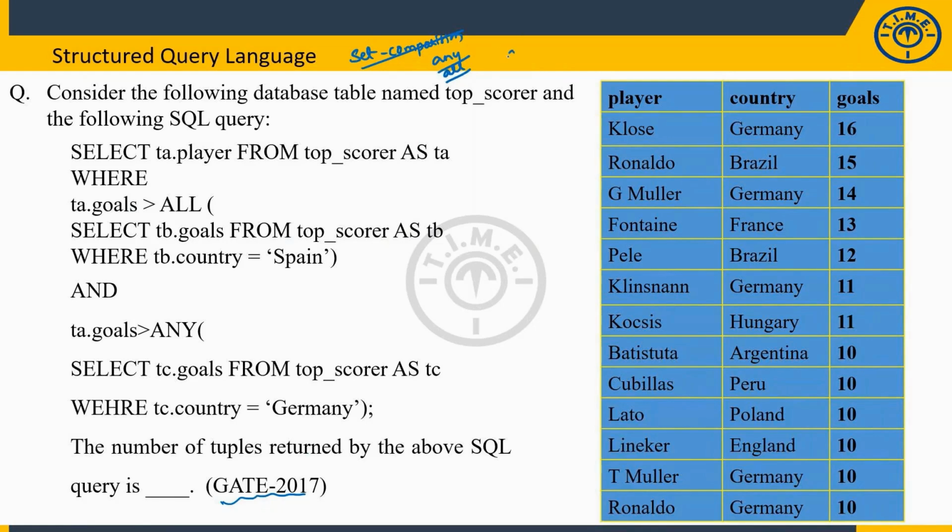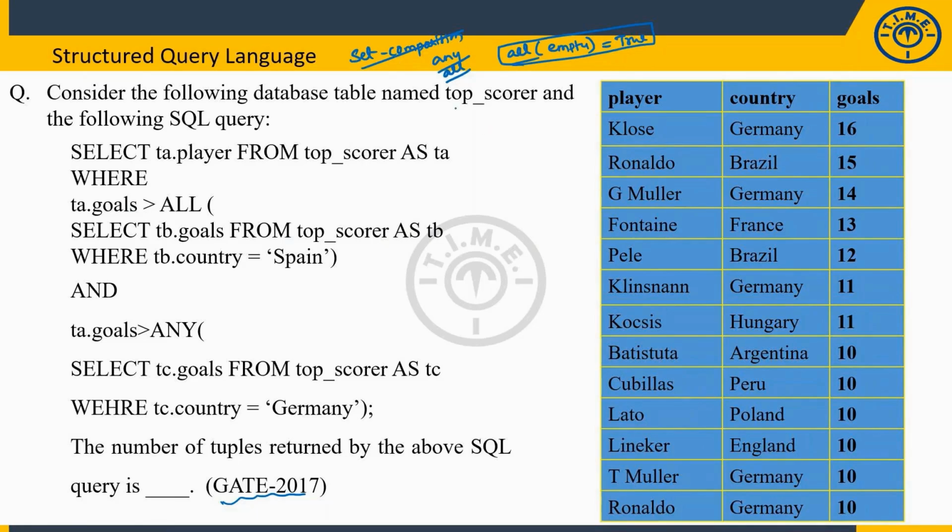And the point here is ALL of an empty set. Suppose the inner query is returning an empty set, this is going to return true. This query is based on this point: ALL of empty is going to return true.